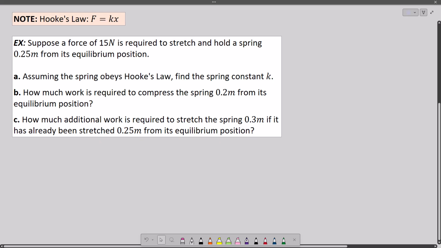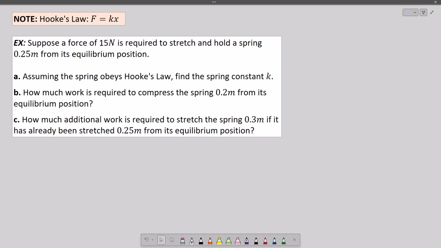Okay, we've got this force of 15 newtons. Maybe you remember in algebra when you did those half-life problems, the question was, what is the half-life of some radioactive isotope? You find the half-life by looking at that constant, what do they call it?